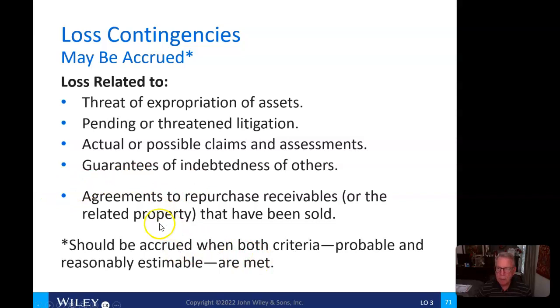Now, again, coming back to threatened litigation, any of these items should be accrued when both criteria exist: one, it's probable, and two, it's reasonably estimable. It has to meet both those criteria in order to be accrued.